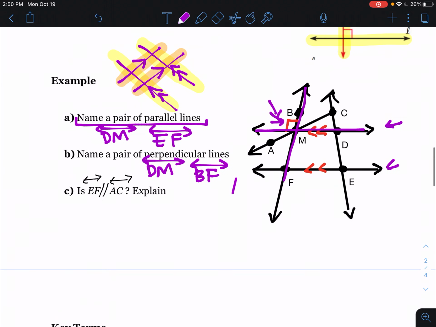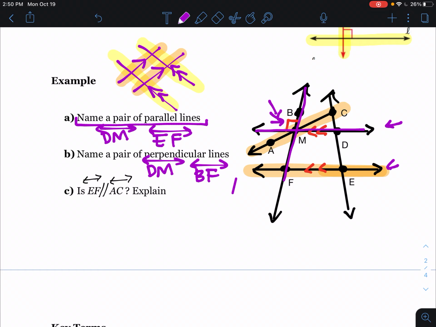Okay, is EF parallel to AC? Well, first we can use our eyes and say, well, they kind of look like eventually if I extended these guys, they would touch. But what we really want to get used to doing is looking for notation.